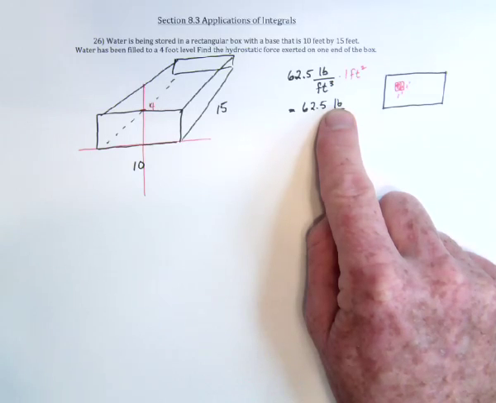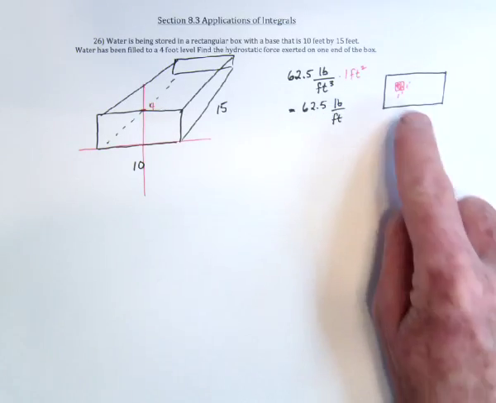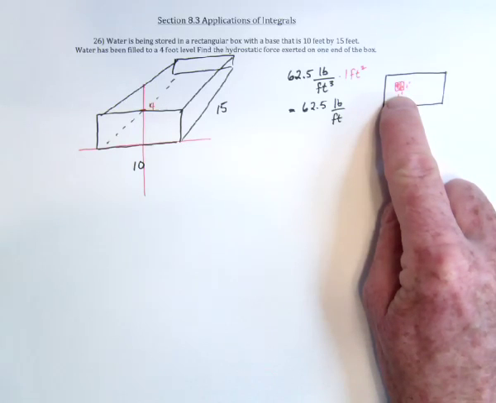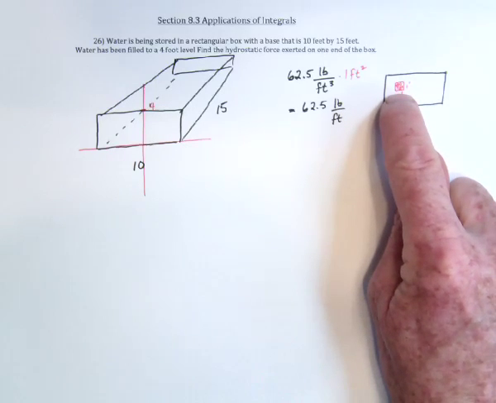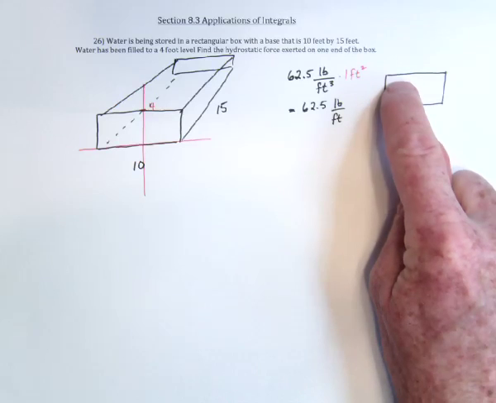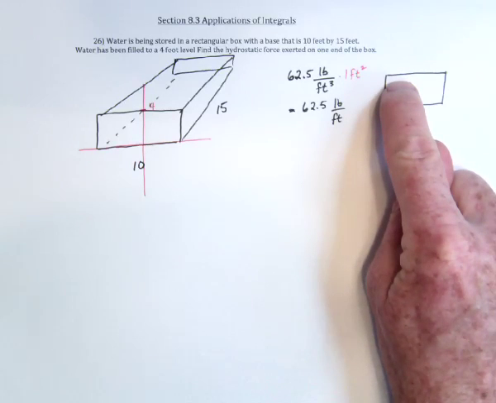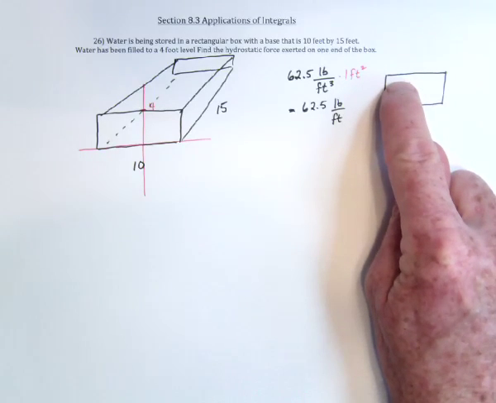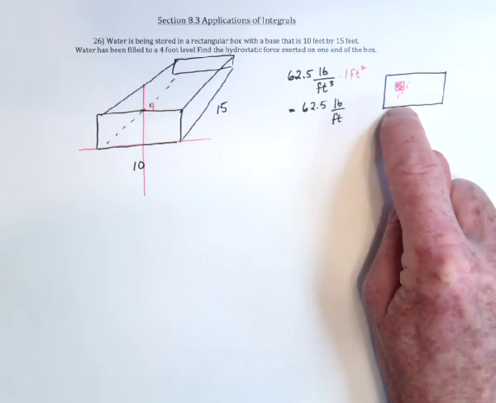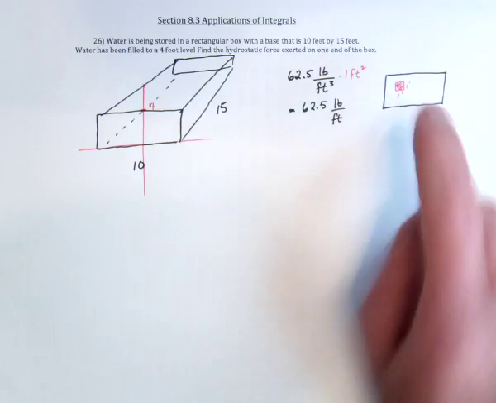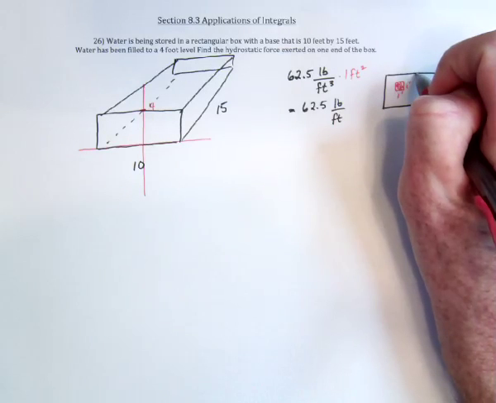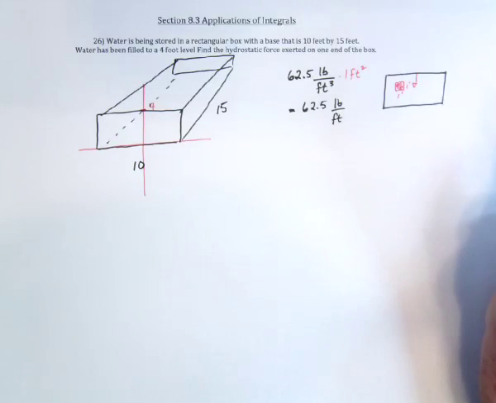So how do we get that to be in pounds? Well, what's important is if this thing is on that wall and it's close to the top, there's very little pressure on it. If you move it 4 feet underwater, there's more pressure. The farther you move it underwater, the more pressure there is. So then what you've got to consider is how deep is it?